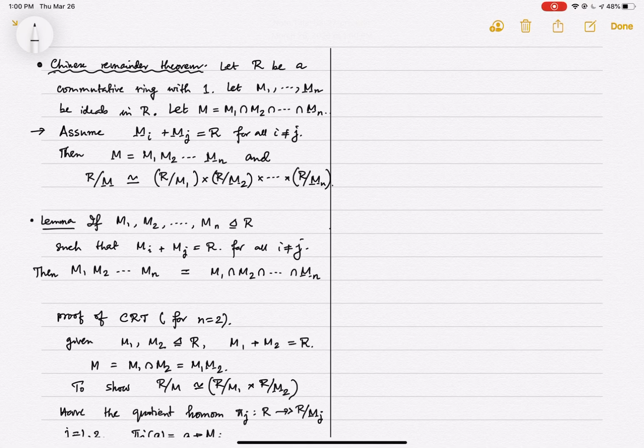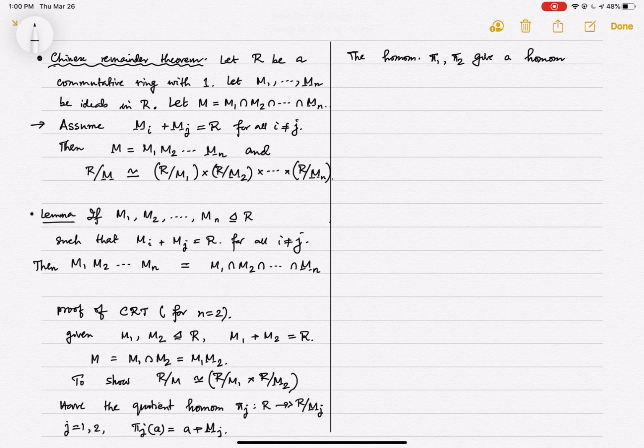So this induces the homomorphism. Pi 1 and pi 2 give a homomorphism, which I will call, what's it called in my notes? F, I suppose. F equals (pi 1, pi 2) from R to R mod M1 cross R mod M2.